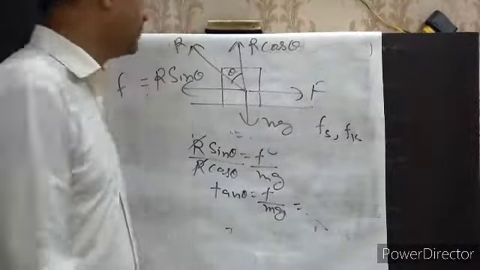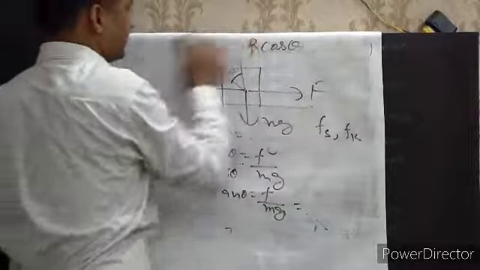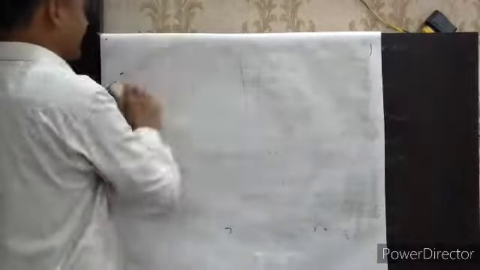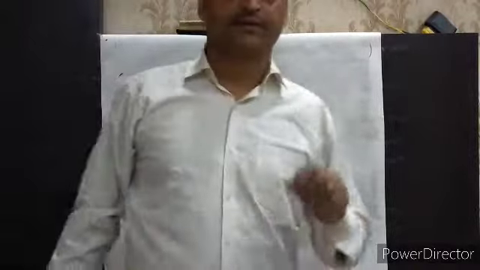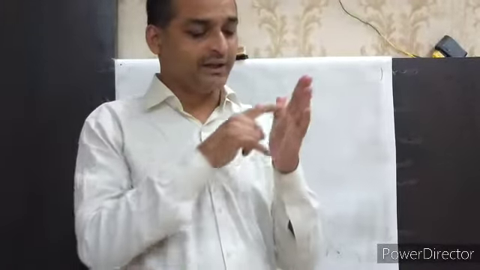Now I will explain the laws of friction. What is the first law? The friction force between two surfaces depends on the nature of the surfaces, whether they are rough or smooth. For a rough surface the friction force is larger than for a smooth surface.